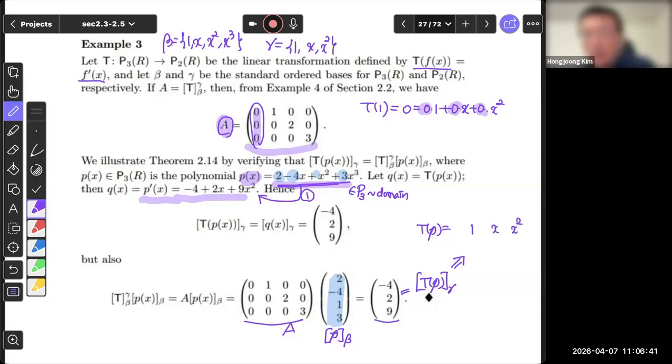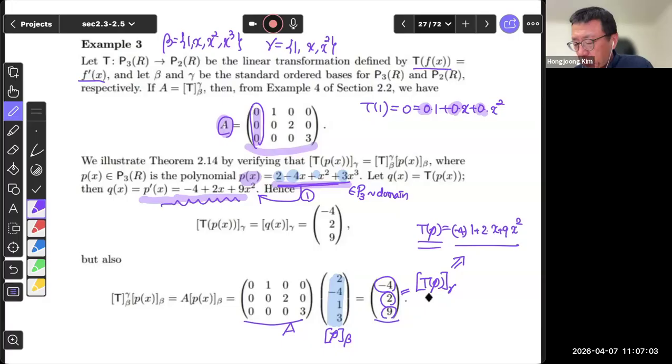If you multiply -4 to the first vector and 2 to the second vector and 9 to the third vector, and add them, you get this image of P vector. And that is the same as this. So this approach to get this image is the second approach.